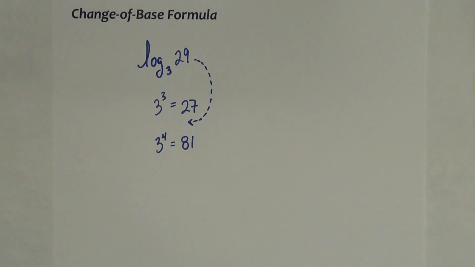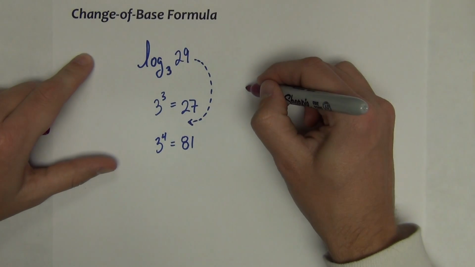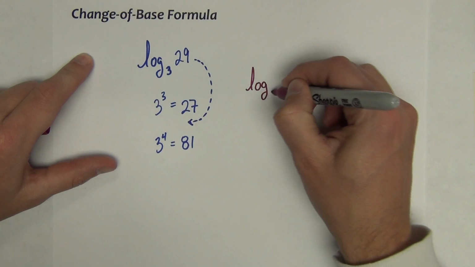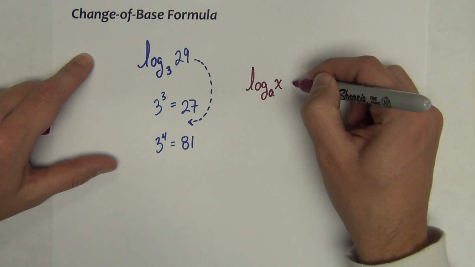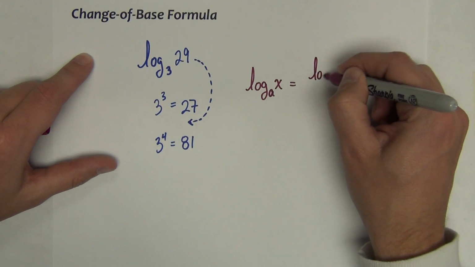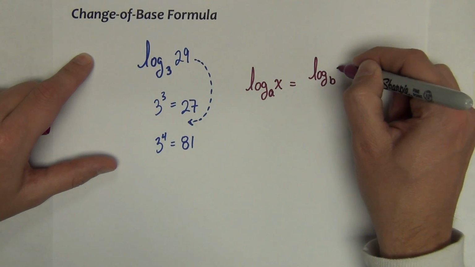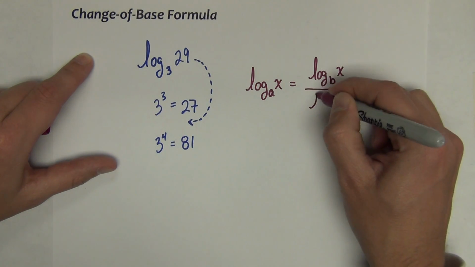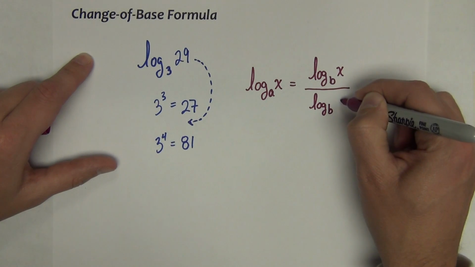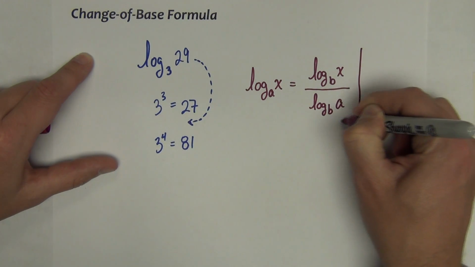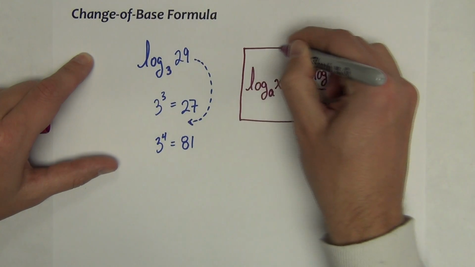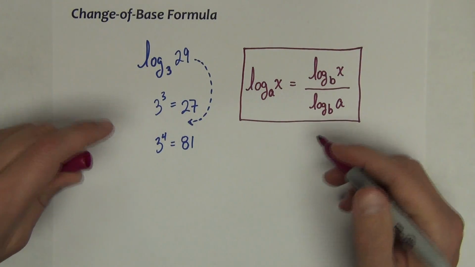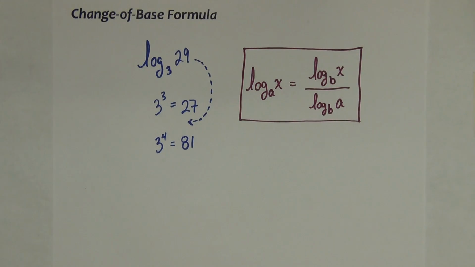And so we've got this change of base formula that will allow us to do problems like this when we encounter them. Change of base formula is this: log base A of x is equal to log base B of x divided by log base B of A. Okay, so we're allowed to change the base of the logarithm to any base we want.